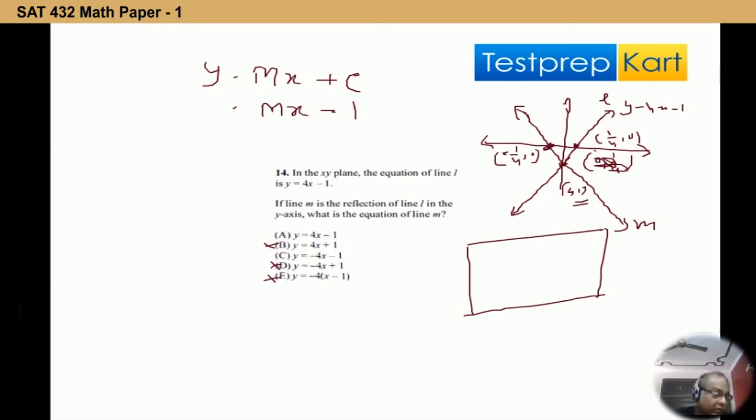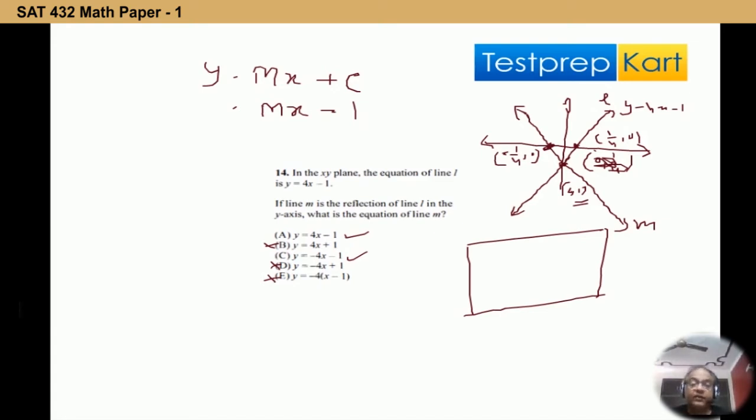So the only options available are a or c, because the y-intercept in both a and c is negative 1. Sometimes when you eliminate some of the options, it's quite simple to find the answer.